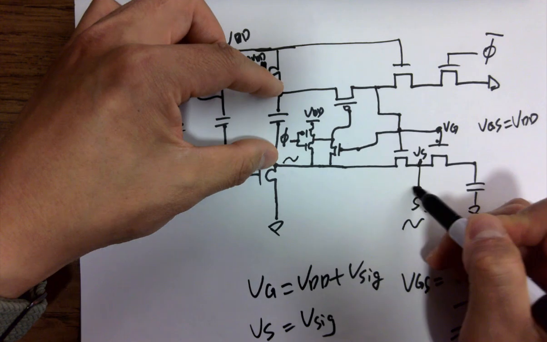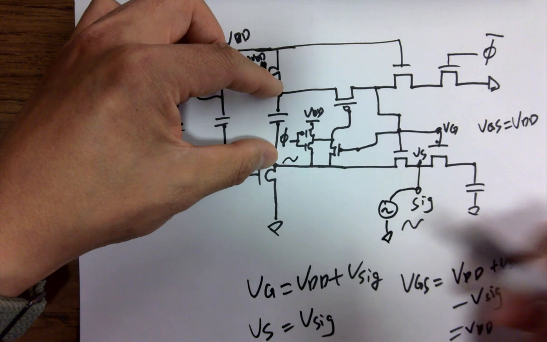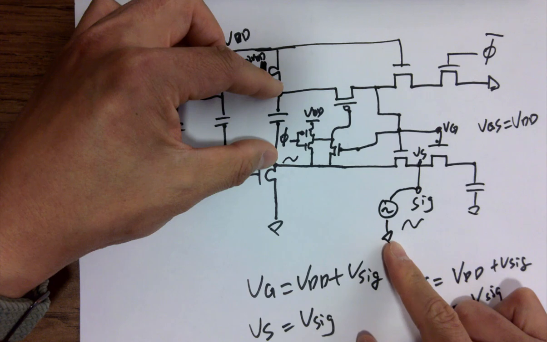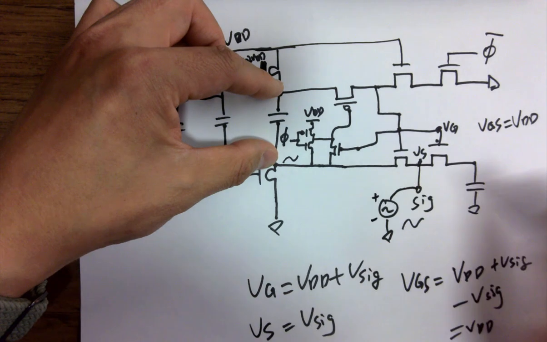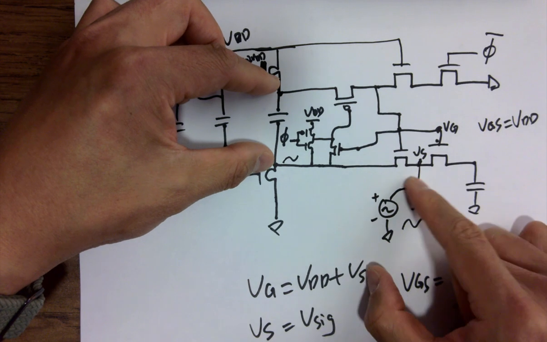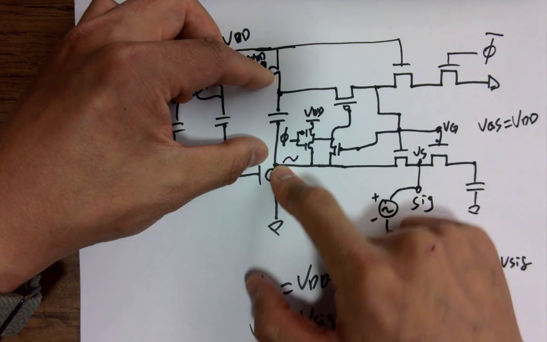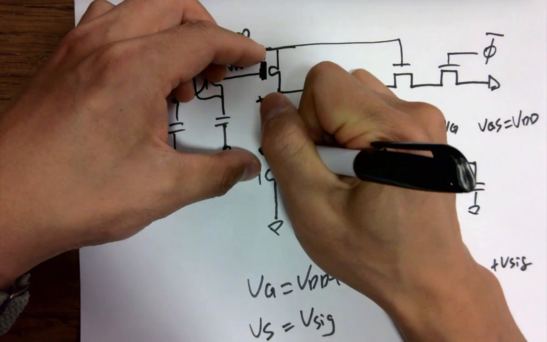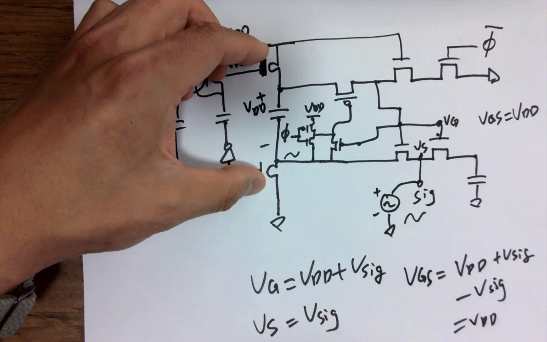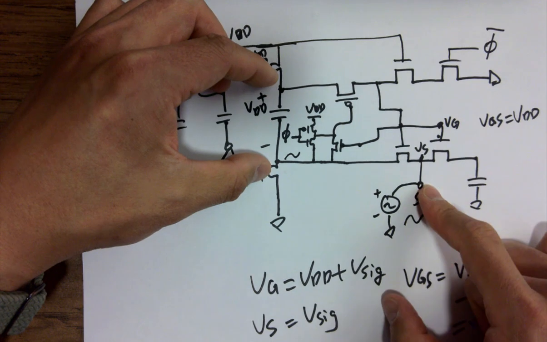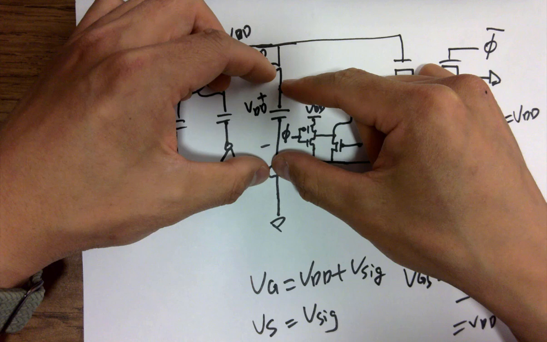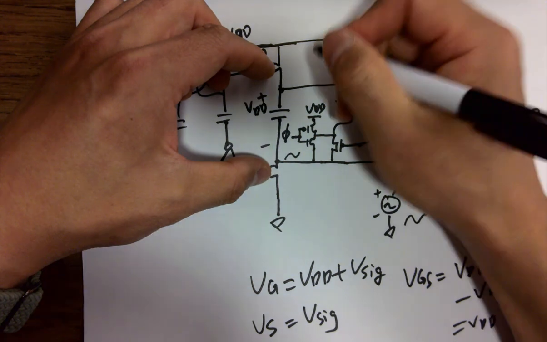Because the signal, you can consider it as a signal source. Okay, it's a little voltage here, and it's adding this voltage to this point, and because we have VDD over here, it's a floating VDD, and this AC signal will be added to this DC signal, and eventually the voltage here will be what?